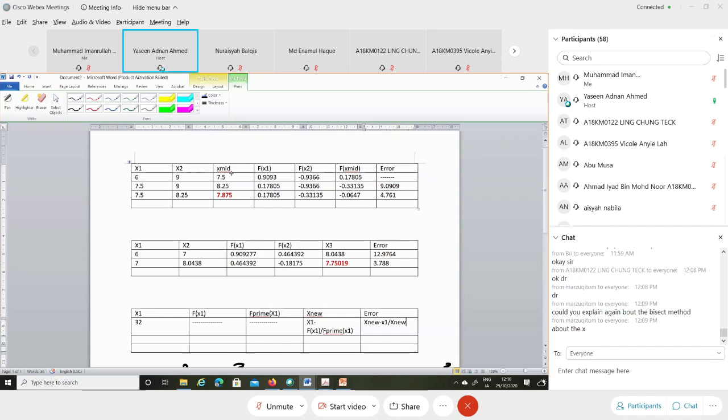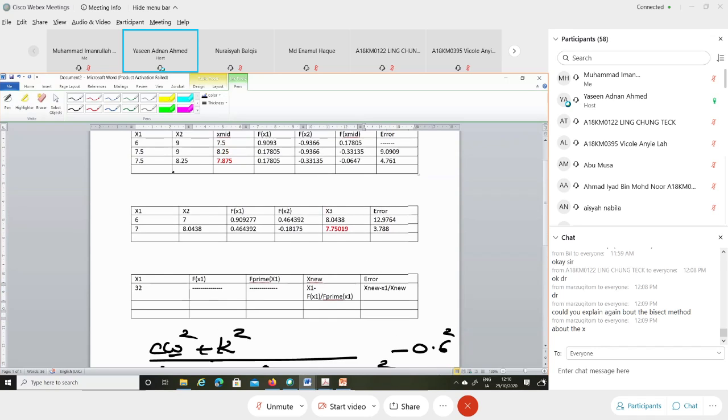Then continue for x mid. Normally in the bisection method, for the first step, the error uses x new, which is the mid value 7.5, minus the old one. Which one will we choose, x1 or x2? We can't decide because there is no straightforward formula here. Sometimes we need to replace x2, sometimes x1, by x mid. So it's not definite whether you replace x1 or x2.